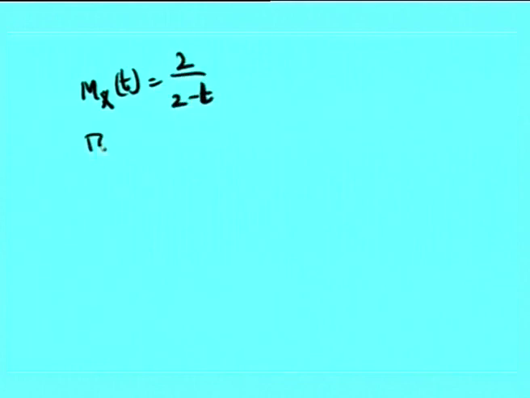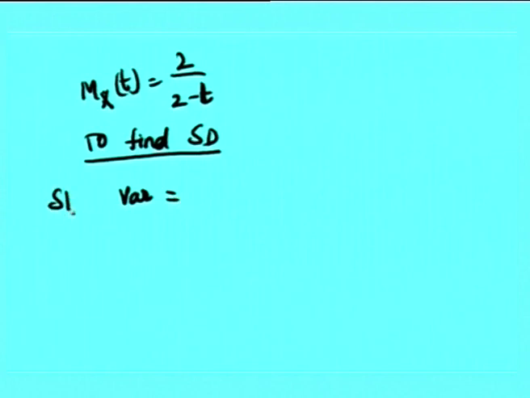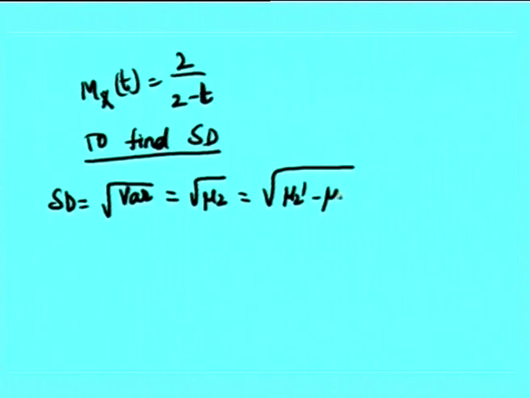So, to find the standard deviation of x, first we have to find the variance, because standard deviation is equal to root of variance, that is root of mu 2, which is root of mu 2 dash minus mu 1 dash square, where we have to find first mu 1 dash.